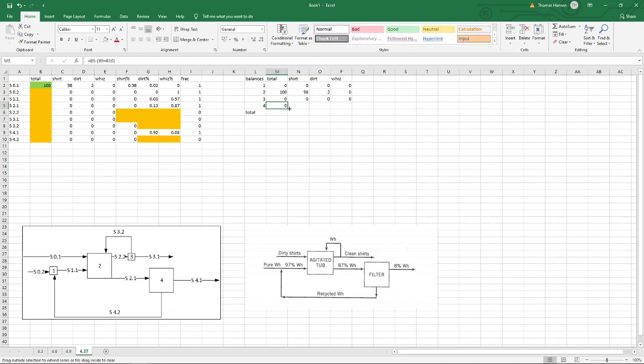Drag that along as well. And if we look at the entire system, we have 0.1 and 0.2 as the two streams that are entering. What is exiting? That would be stream 3.1 and 4.1. Those are the two exiting our total system. There we go.